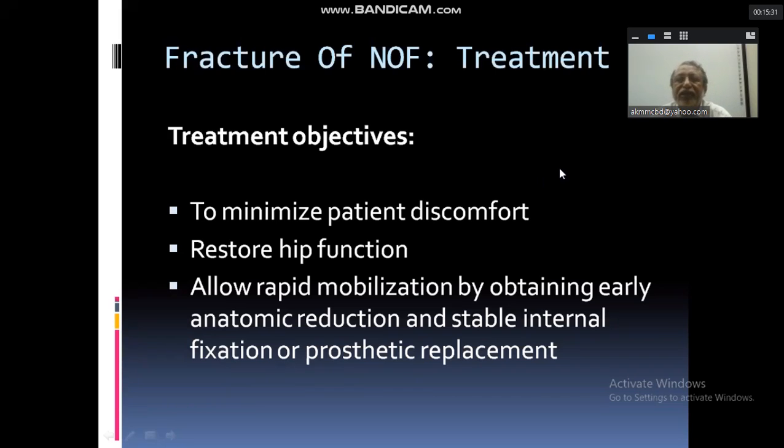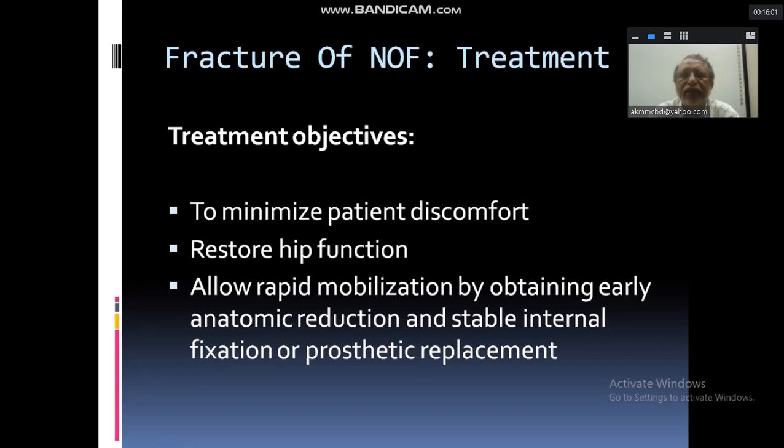Now, the treatment objectives. You have to give comfort to the patient. And then you need to restore the hip function and allow rapid mobilization. Pain can be relieved with analgesics, and usually we need to go for operative treatment.